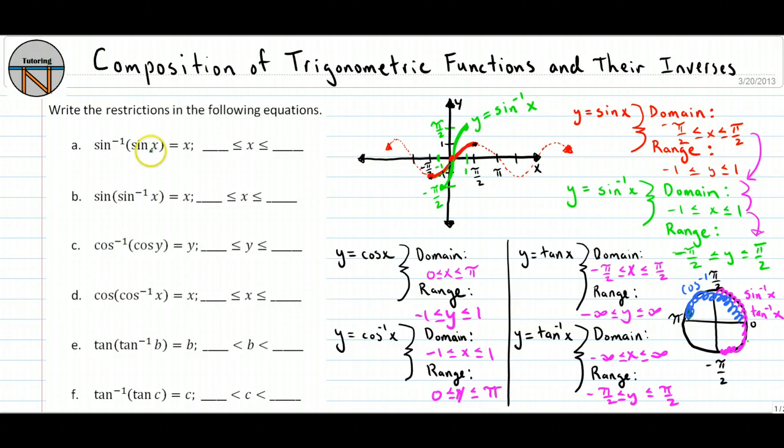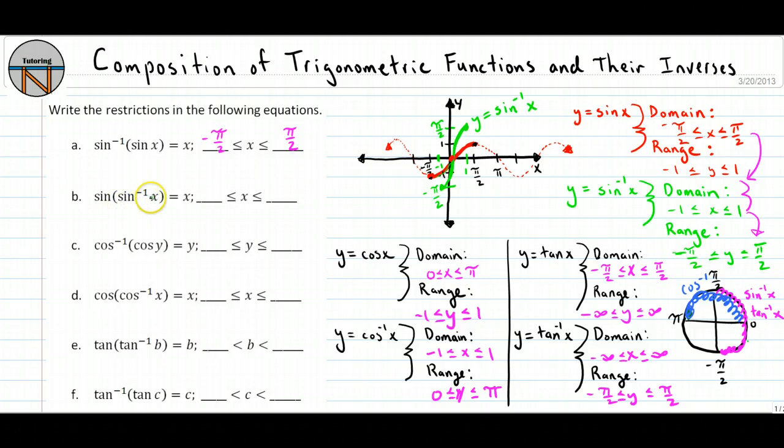We're putting it into sine of x, getting something from negative 1 to 1, and when we plug that back into the inverse, we get back to where we started from. So the answer for this would have to be x values from negative pi over 2 to positive pi over 2.